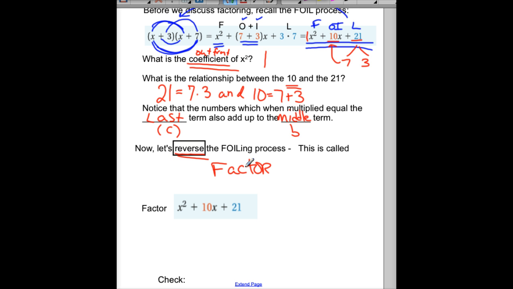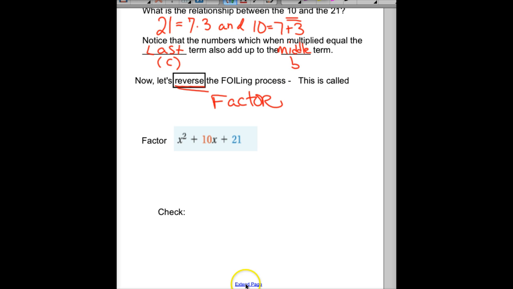You might say, that did not make sense at all. It will right now. I'm going to take that exact same problem that we foiled, and I'm going to factor it. What that means is when I did first, outside, inside, and last on this unknown multiplication problem, I got this answer.